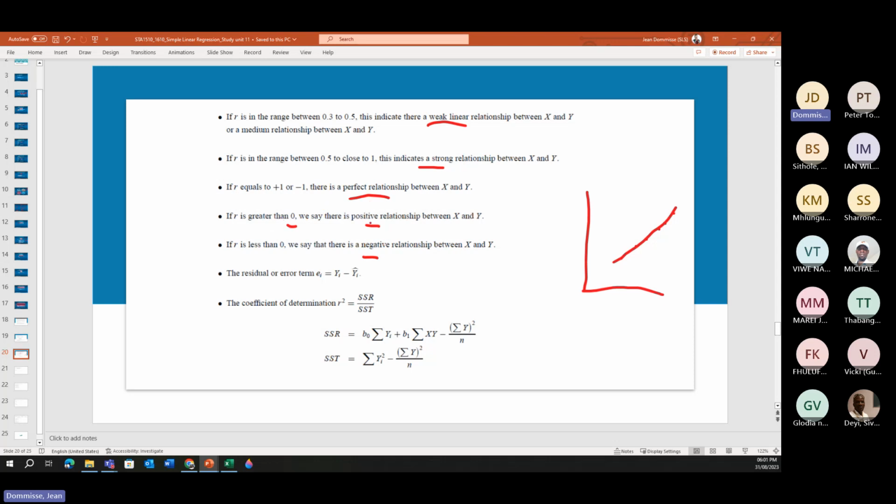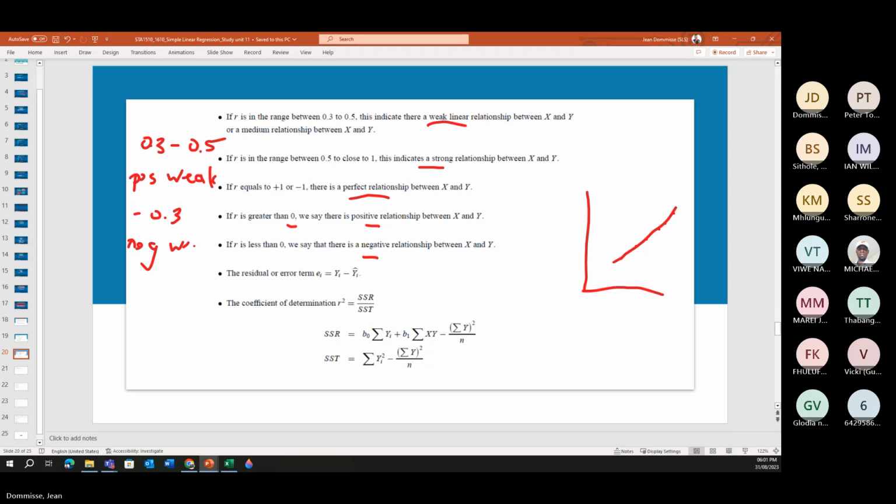So what they can put together is to say if I've got a value of between 0.3 and 0.5, we can say it's a positive weak relationship. If it was a minus 0.3, we could say it is a negative weak relationship.